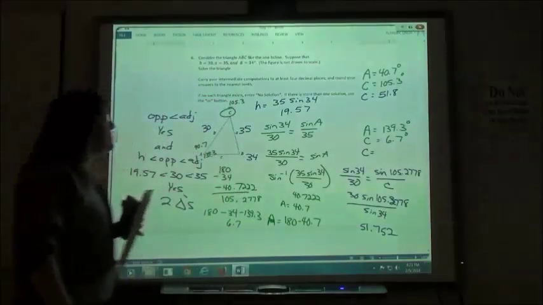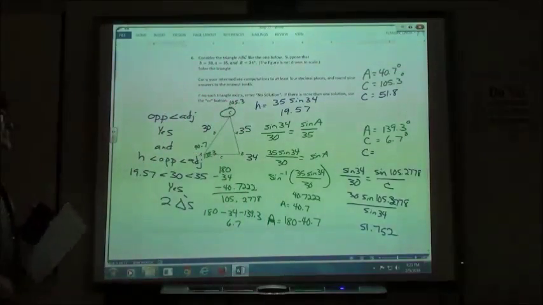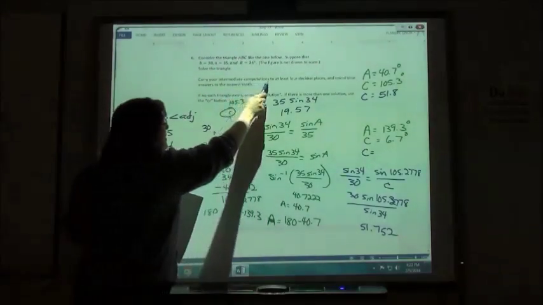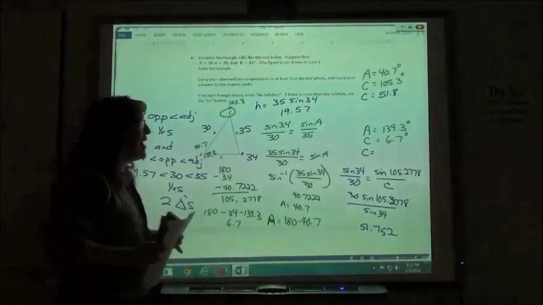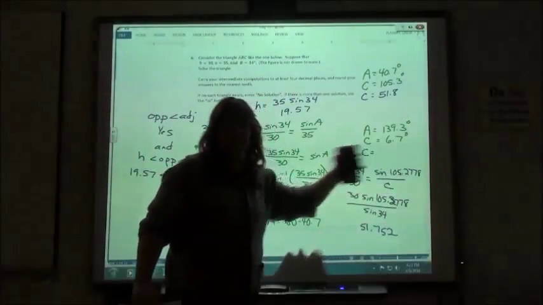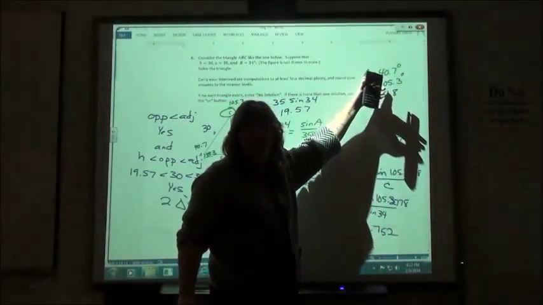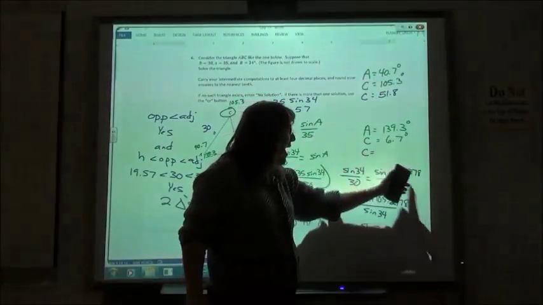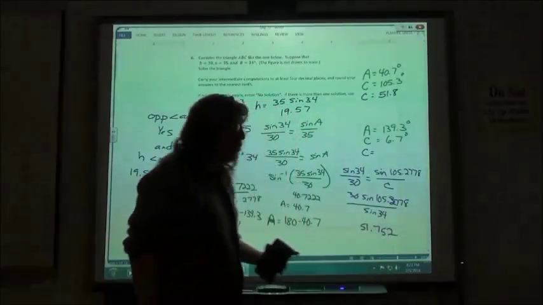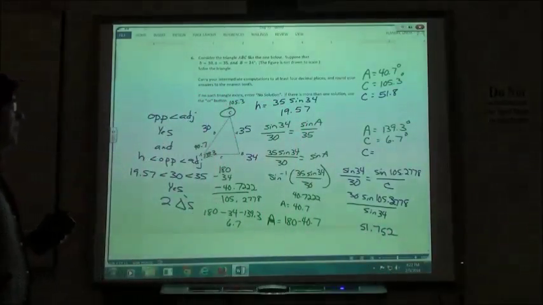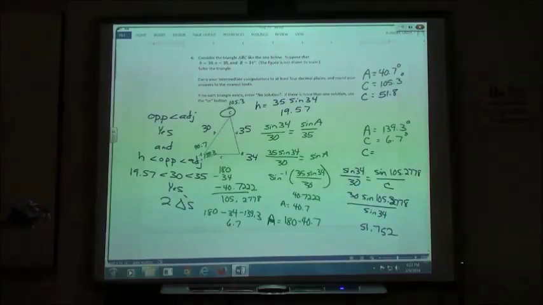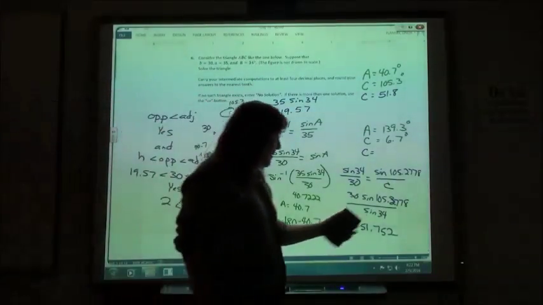So a good lesson to be learned there is when it tells you to carry your computations to 4 decimal places, make sure you do that when you're doing your work, because if I use my rounded off answer, even though that's what the answer is I'm going to enter in, I get a little bit of rounding issues. And so I would have put in 51.7. It would have said I was wrong because it really should have been 51.8 because of the rounding.